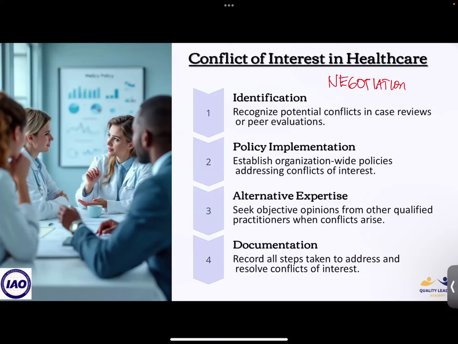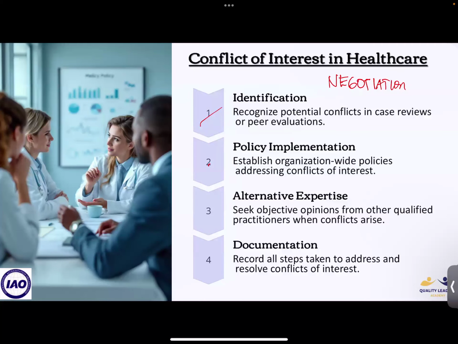So how do we handle it? First, identification. This is where we start. We need to actively recognize any potential conflicts, especially during things like case reviews or peer evaluations. This step is all about being vigilant and honest about situations that could compromise objectivity.